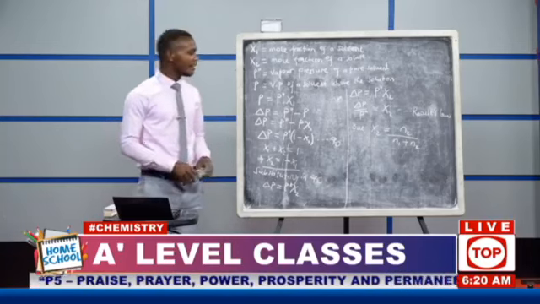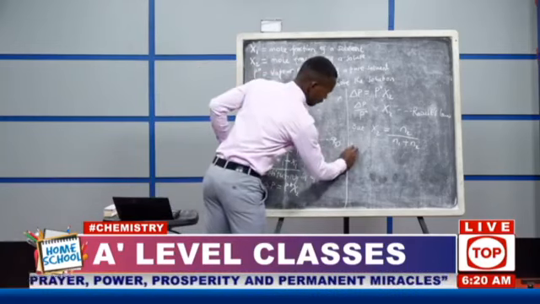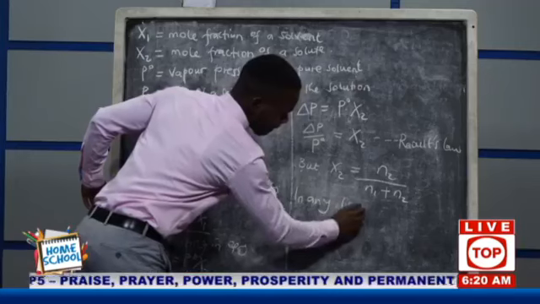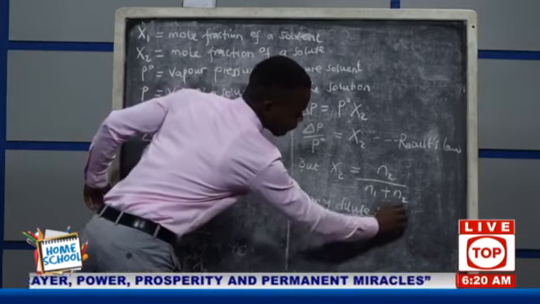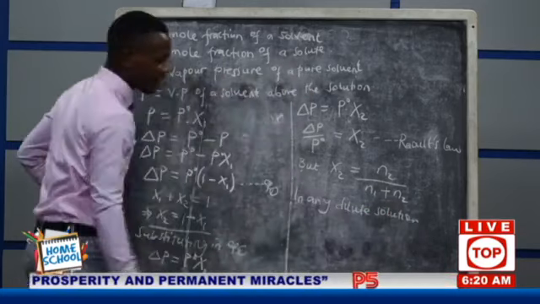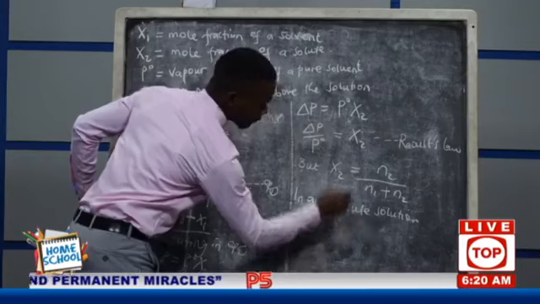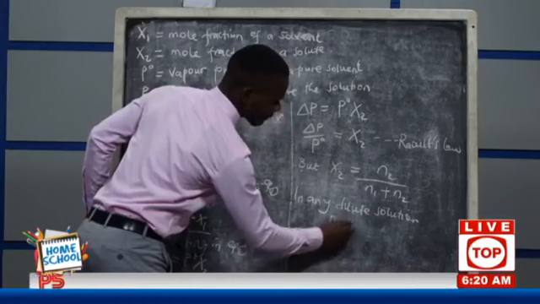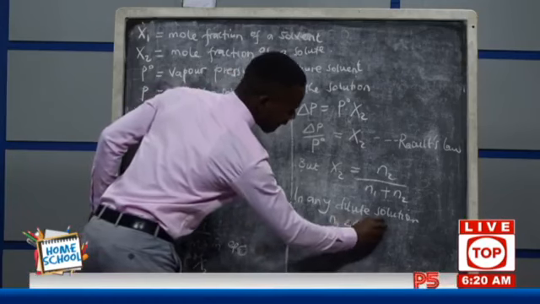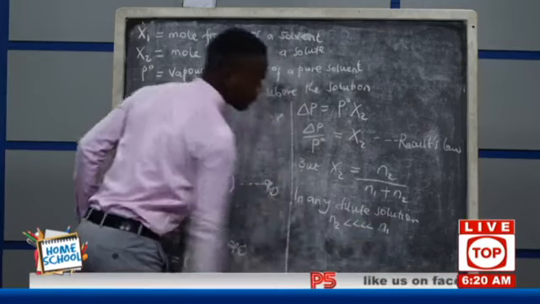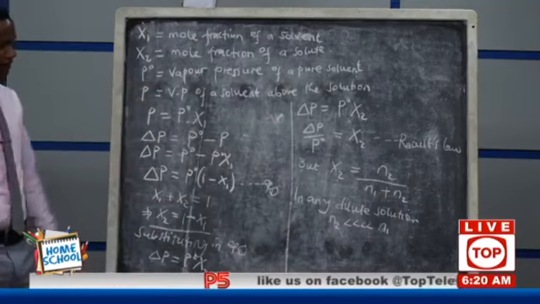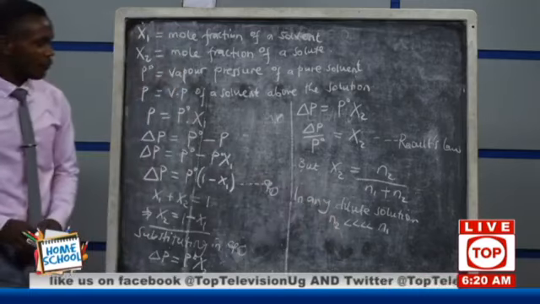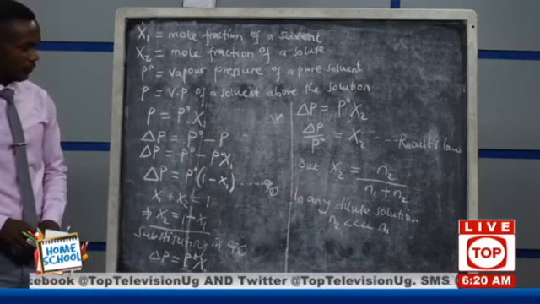So in any dilute solution, you realize that the number of moles of the solute is much less than the number of moles of the solvent, okay?